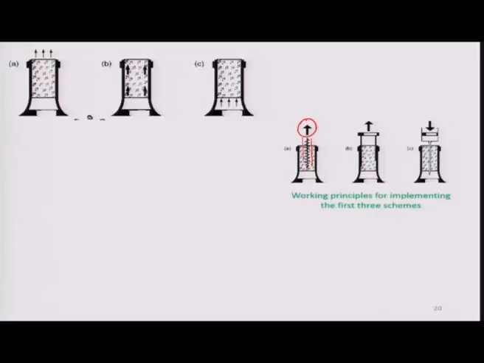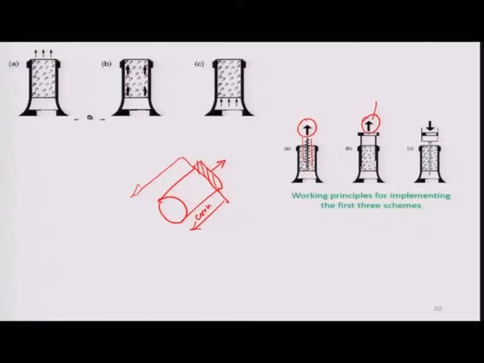Second one, you will make an arrangement like a hollow thin tube, and this portion will get inserted into the cork, and then you will pull it, so that the cork will get removed from the bottle.